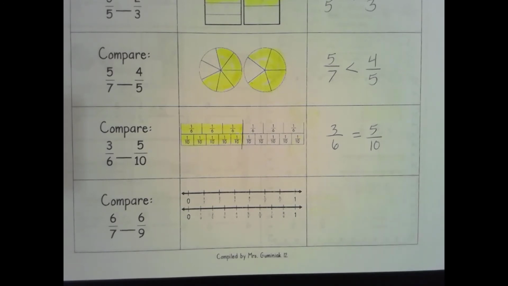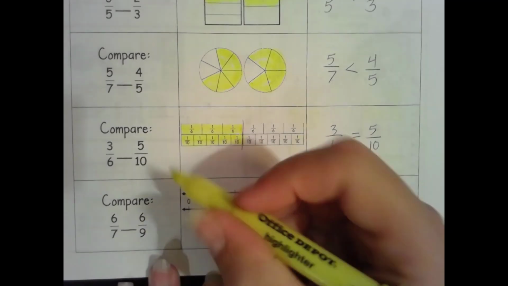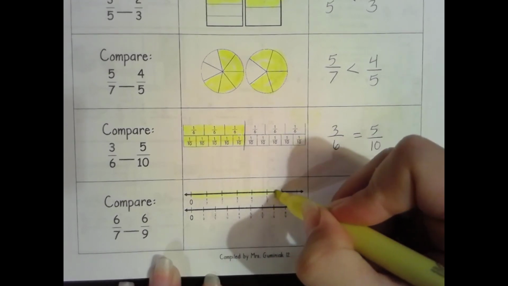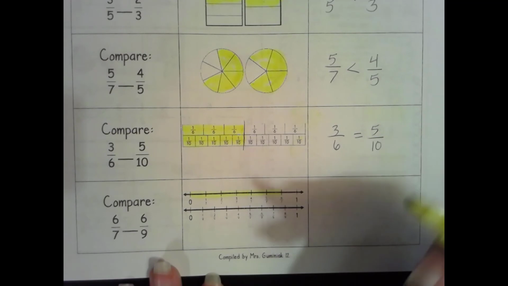Okay, last one, we're going to use a number line. So these are different things we can use as models to compare fractions. So a number line, there's 7 pieces. I need to shade in all the way up to 6. Here we have 9 pieces.